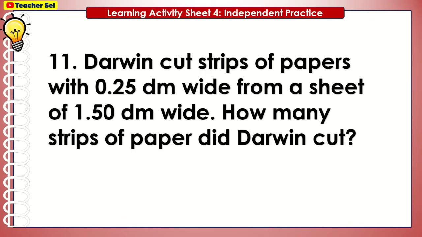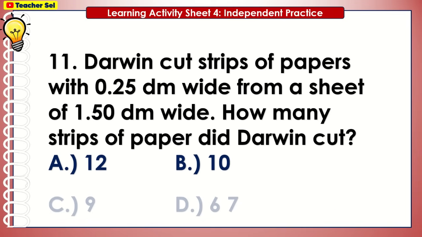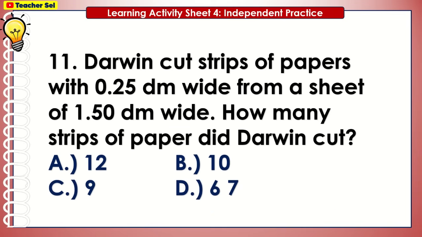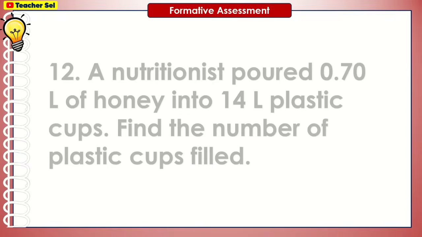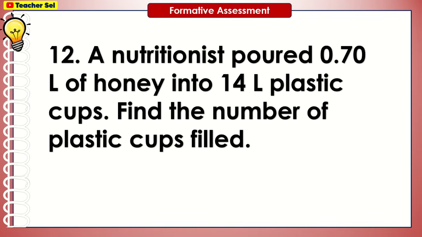Darwin cut strips of paper 0.25 decimeters wide from a sheet 1.50 decimeters wide. How many strips of paper did Darwin cut? The answer is D, 6. A nutritionist poured 0.70 liters of honey into 14-liter plastic cups.